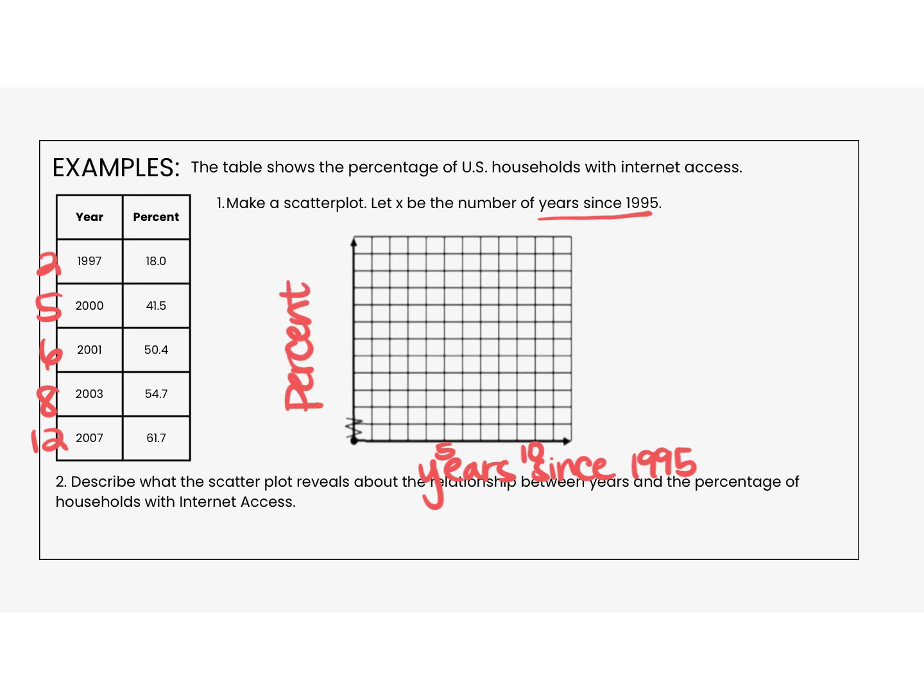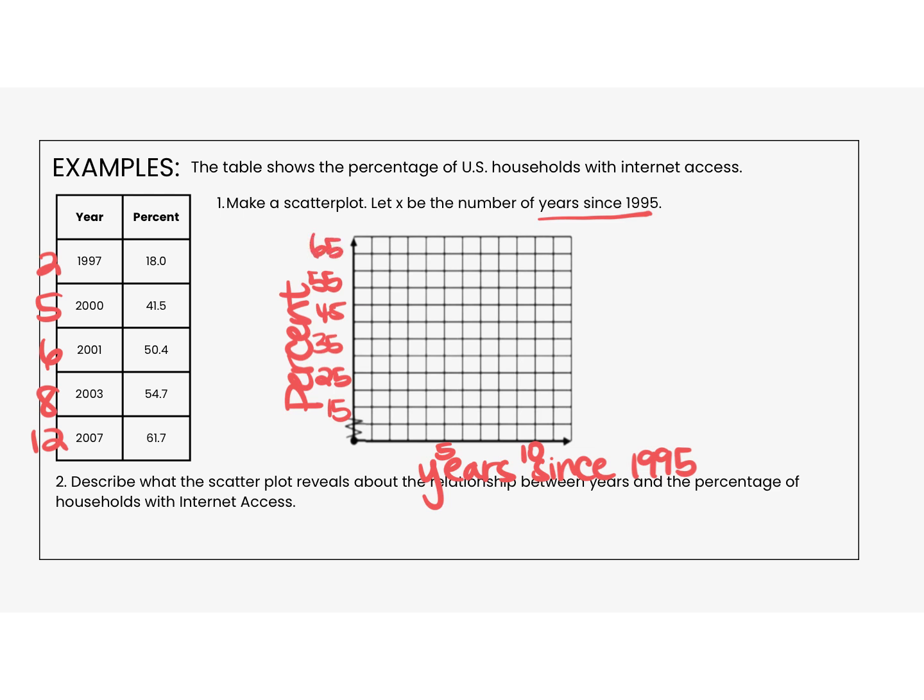And so our percent ranges from about 18 to 62. So again, we're going to start at, let's say, 15, and we'll go up maybe by 5, all the way up to 65.